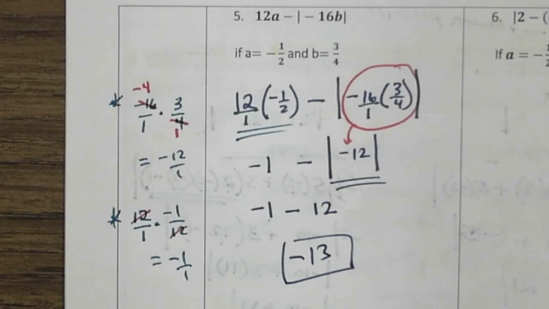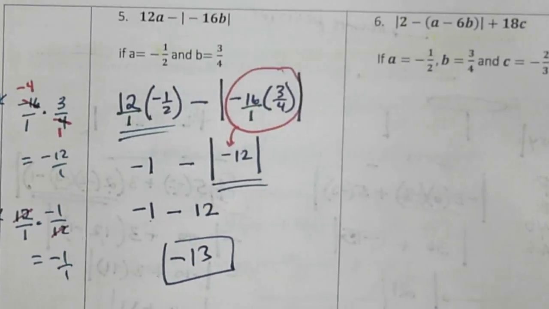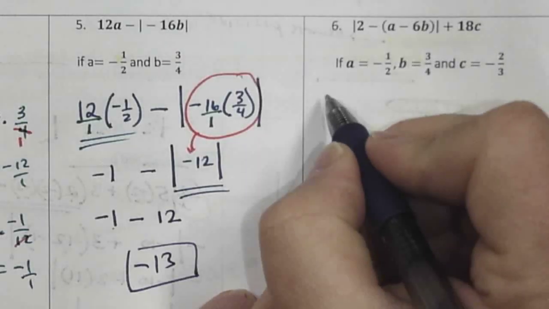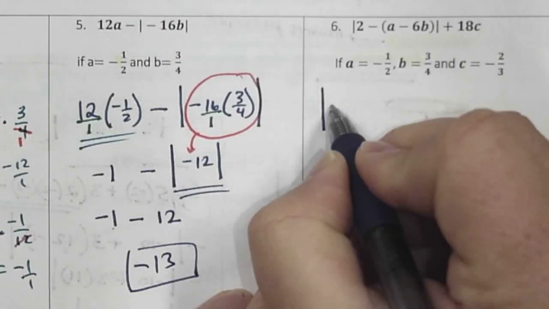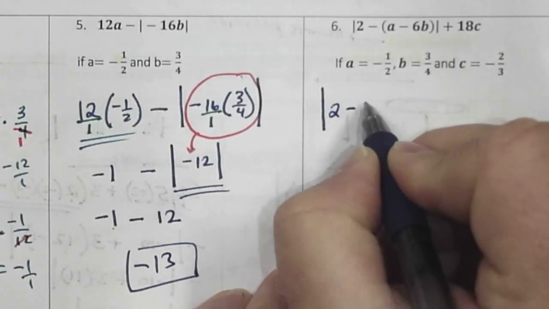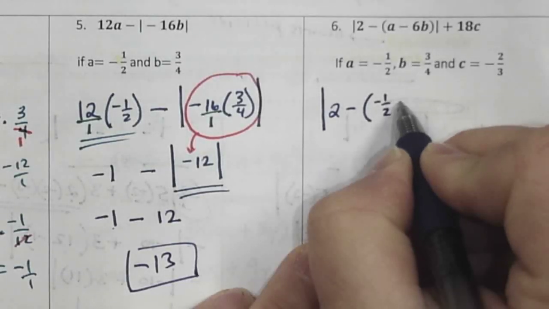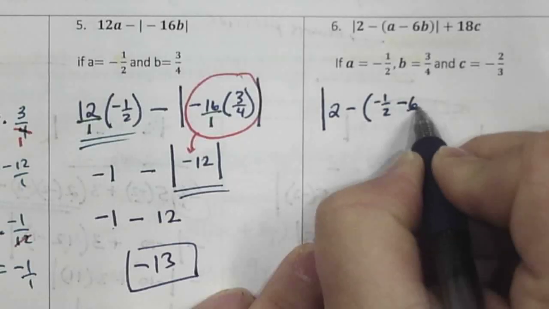So whenever you think fractions, put numbers over 1 and try to see if things can cancel out. All right, last one. Let's see if this one's a mess. Plug things in. So absolute value 2 minus parentheses -1/2 minus 6.